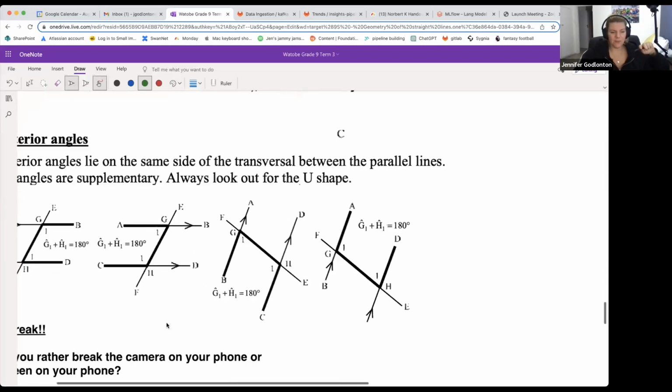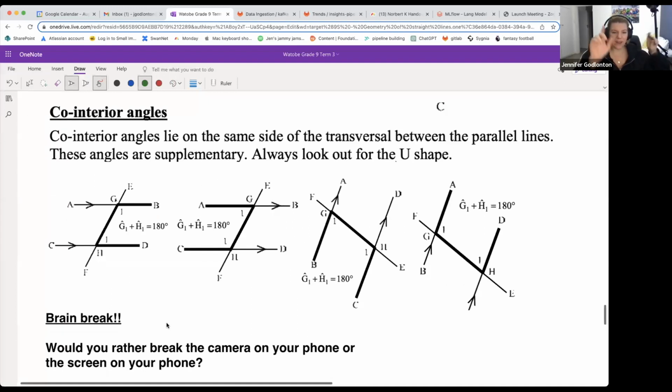Okay. First brain break question. Would you rather break the camera on your phone or the screen on your phone? Palesa, we are all ears. Ma'am, screen on the phone because camera, like, no. But you wouldn't be able to see your photos. Ma'am, I have so many cracks on my phone right now and I can literally see.